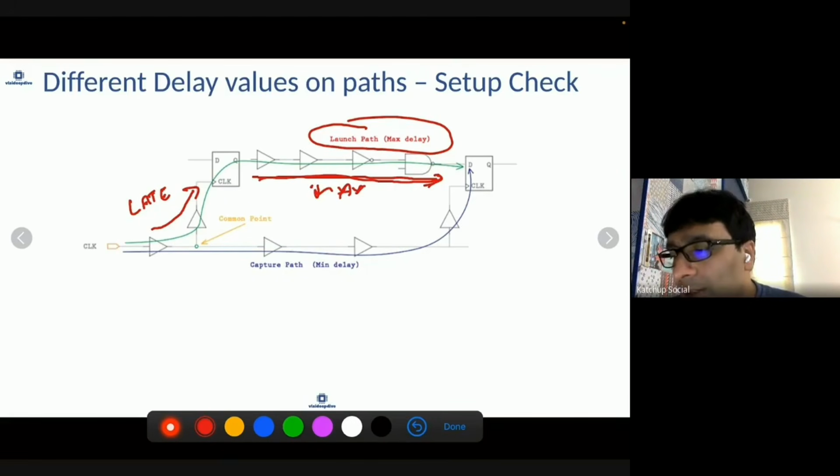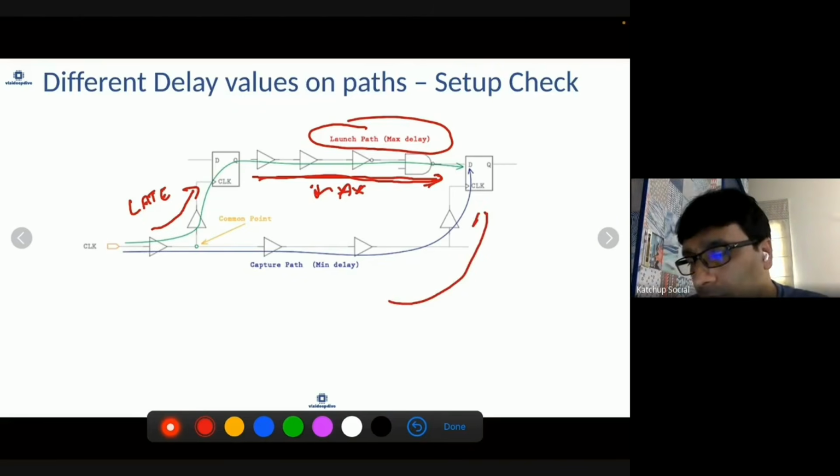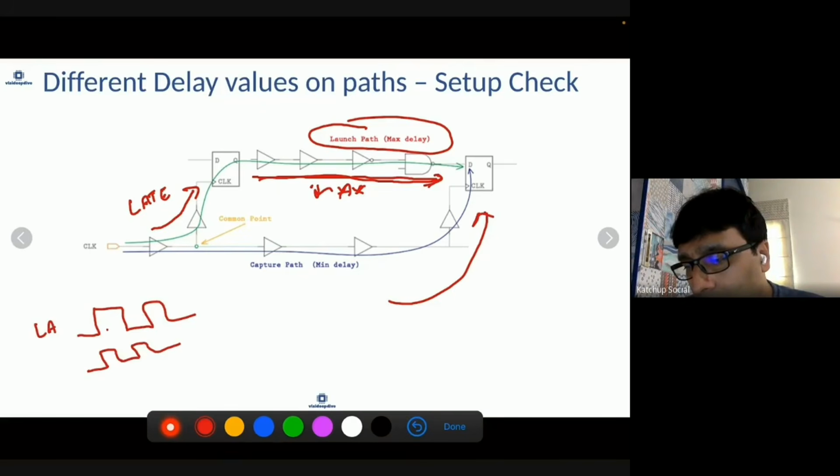On the capture side, it's pessimistic when the clock comes as early as possible. So let's say you have this clock on the launch side, and this is the clock on the capture side. You make this capture edge come as early as possible. If it moves earlier, your setup will become more pessimistic, and that is what STA does.